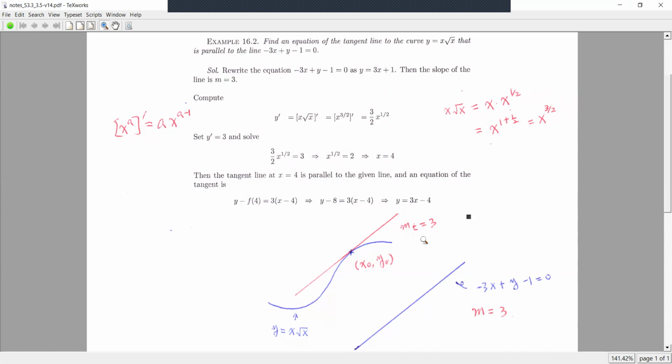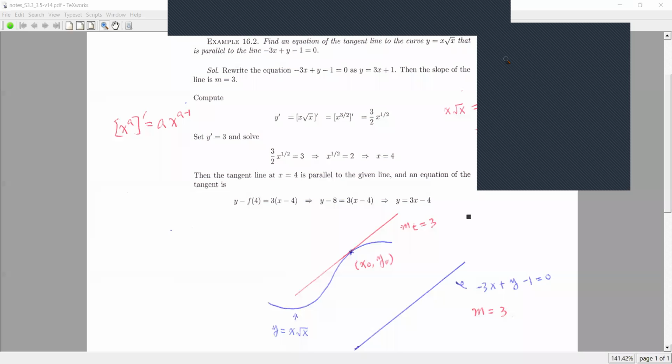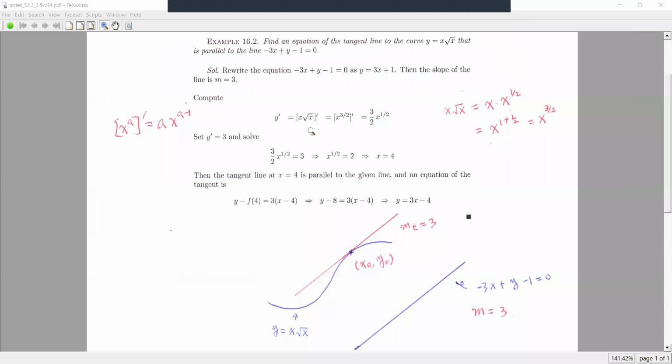By the point slope formula, to write down the equation of this tangent line, we need to determine the point. What is the x coordinate and the y coordinate of this point? To find this point, compute the derivative of the given function. The given function x times square root of x in power form is x to 3/2.